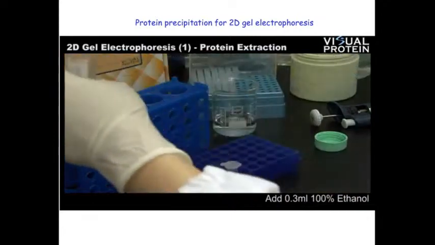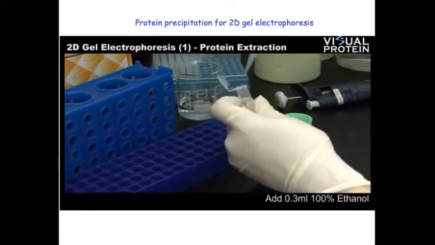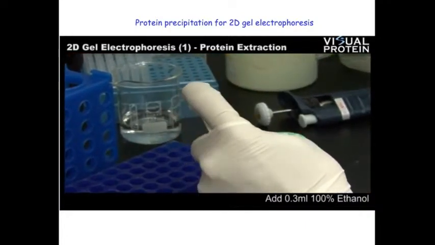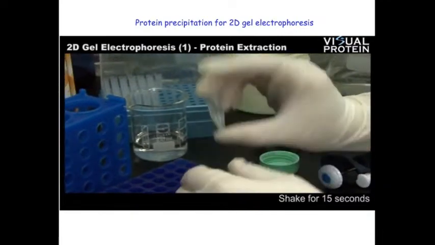Then add 300 microliters of ethanol to your interphase sample. Then shake it for 15 seconds.